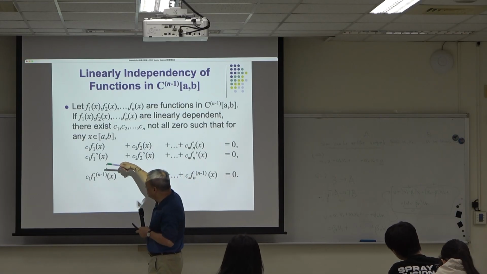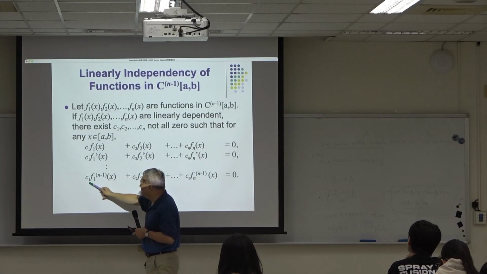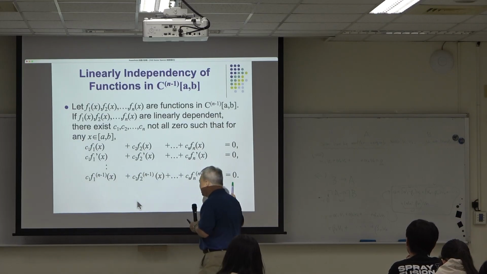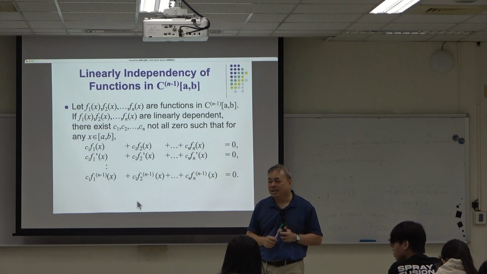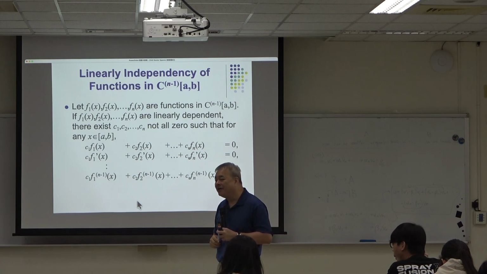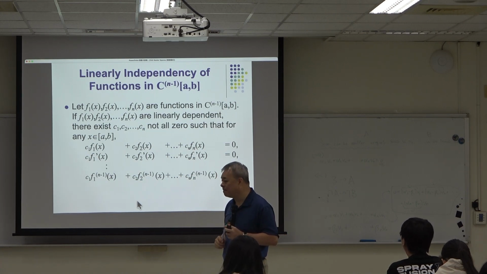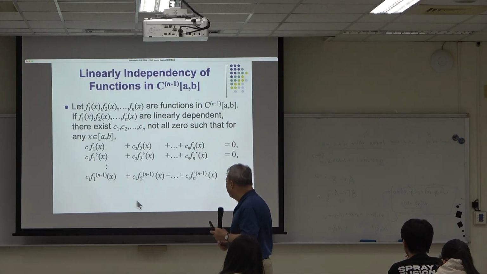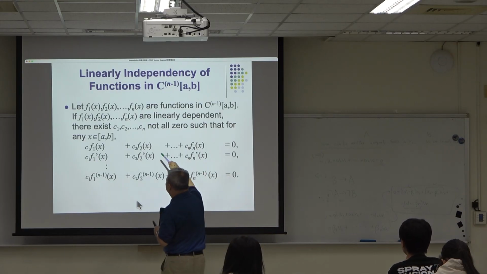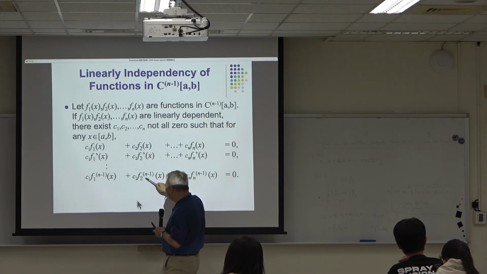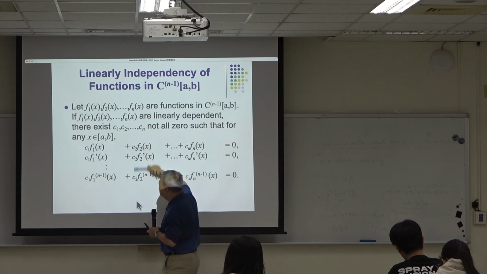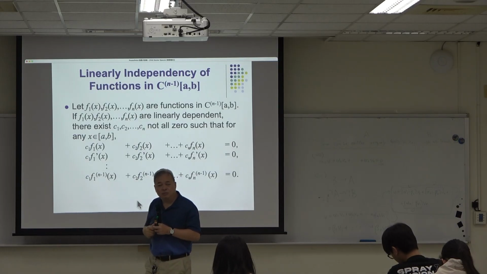And you can continue doing that up to the last row. How many rows do we have? The first row is 0 differentiations, then 1 differentiation, up to n minus 1 differentiations. So in total we have n rows.